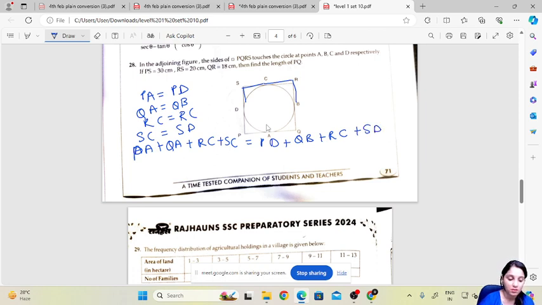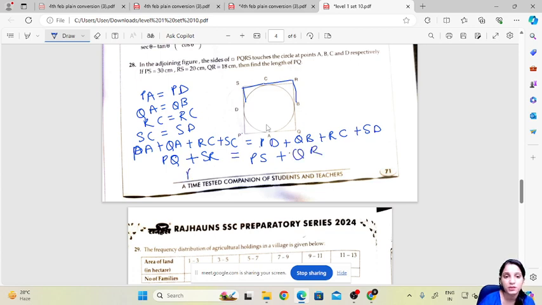Okay, now PA plus QA is PQ, right? Then QA, RC plus SC is RS. Then PD plus SD is PS, plus QB plus RC is this QR.